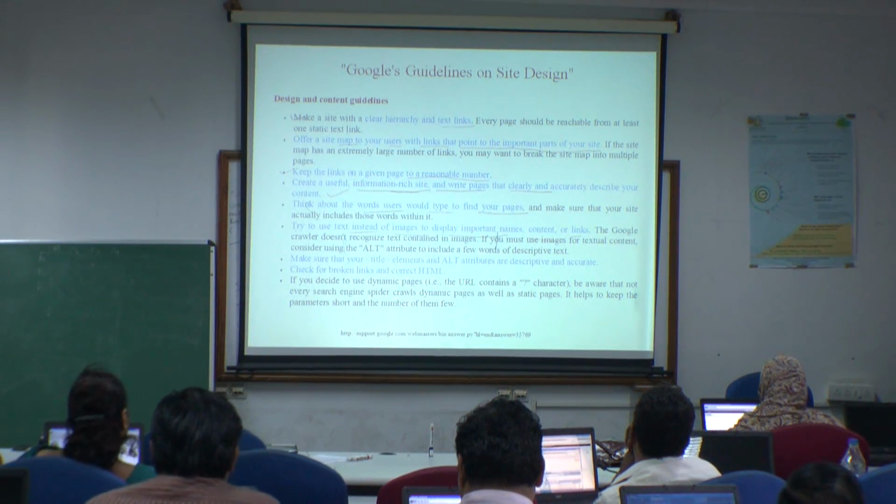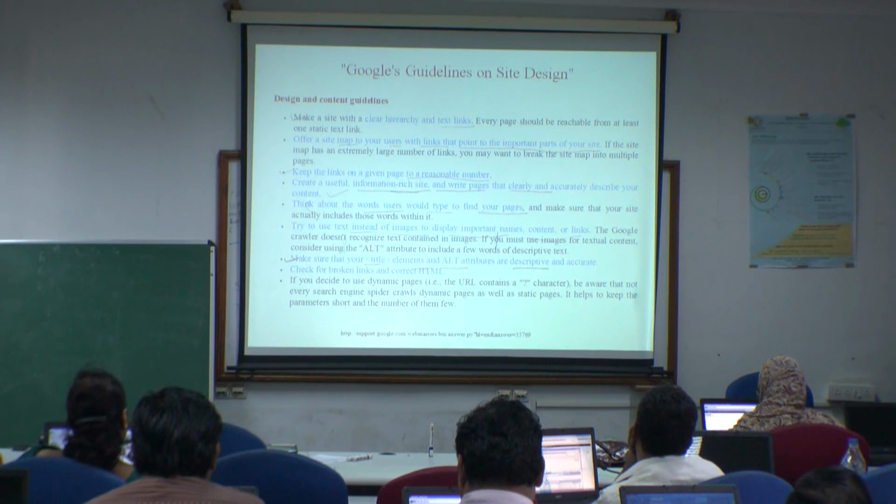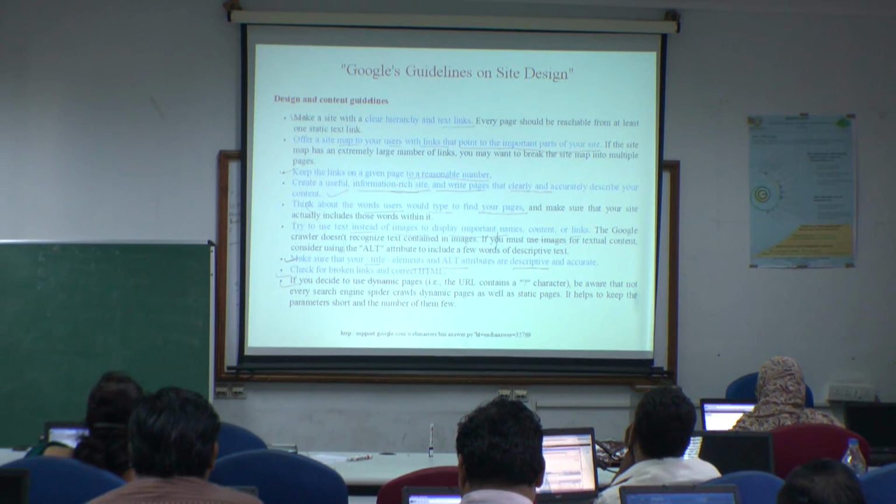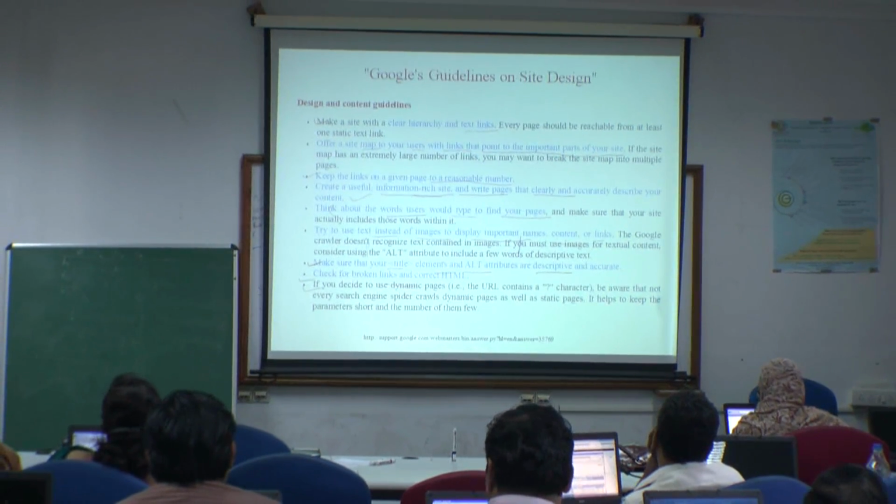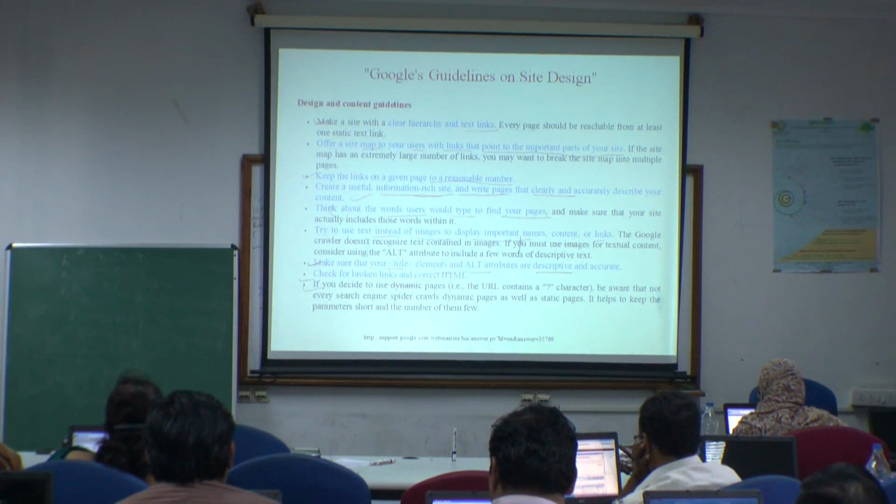And make sure that your title elements and alt attributes are descriptive and accurate. Check for broken links and correct HTML. Try to avoid dynamic pages. Generally it reduces the page rank score, relevance score.